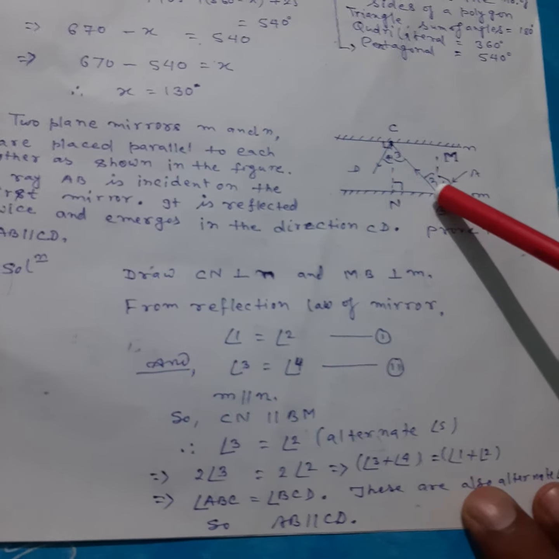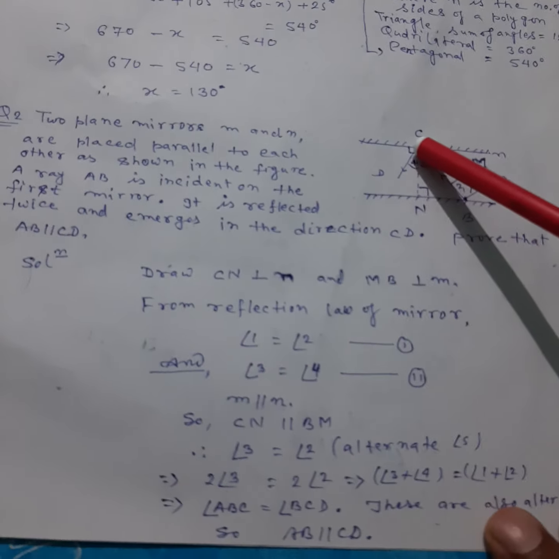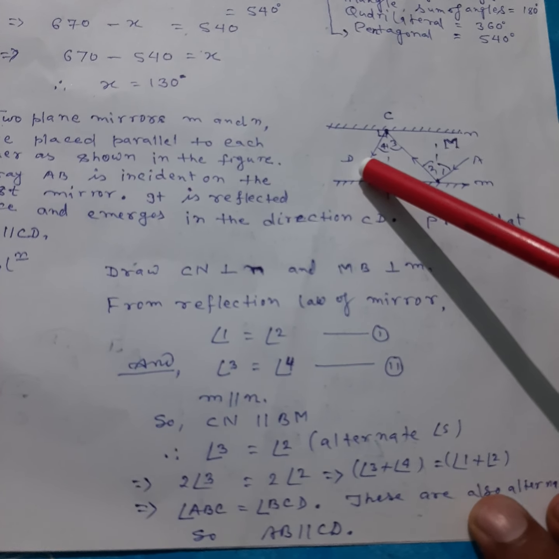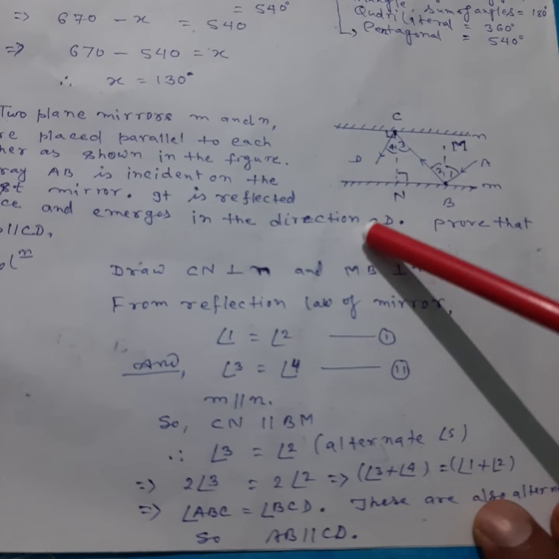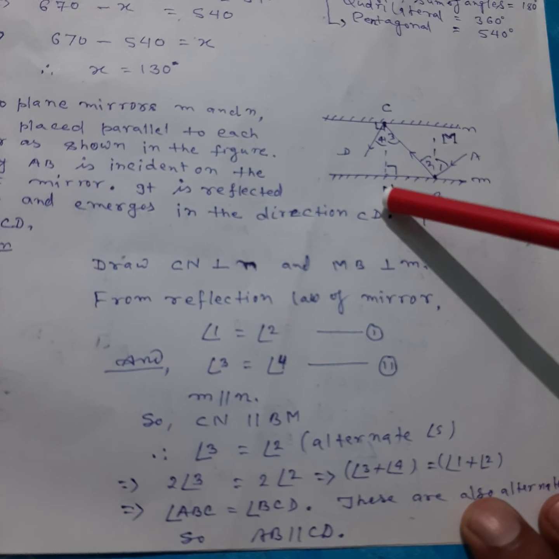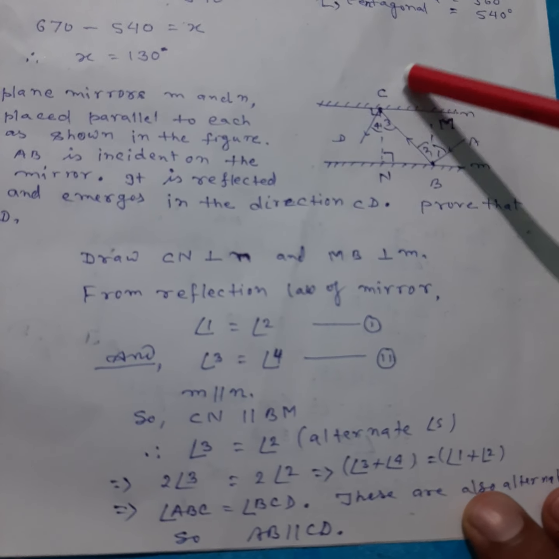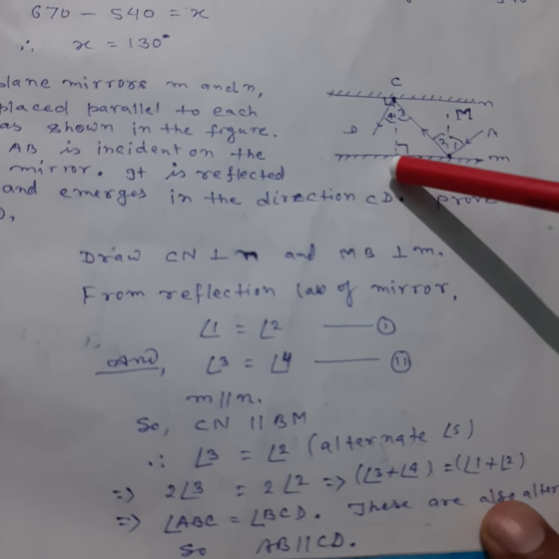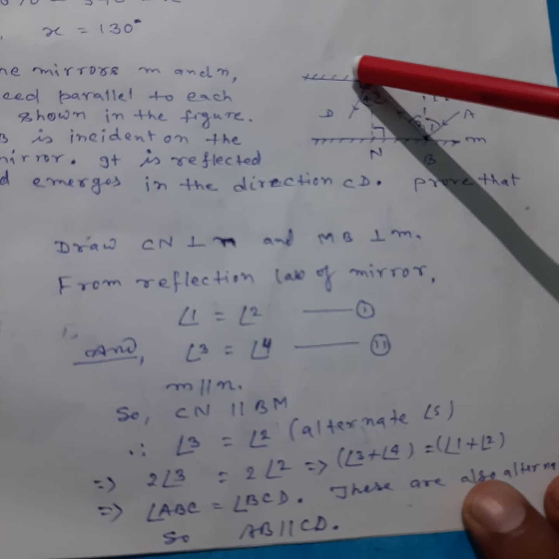This emerged ray is reflected toward the second mirror and again reflected in the direction of C. Here we draw perpendiculars: from C, draw a perpendicular to mirror N, and from B, a perpendicular to M. Both are parallel, so alternate angles are equal.